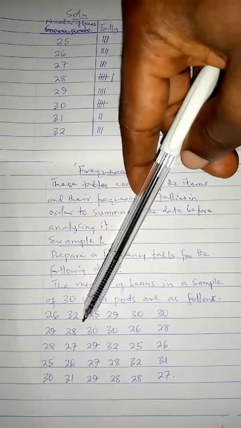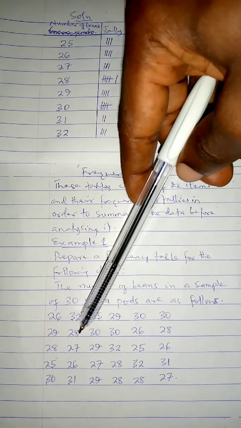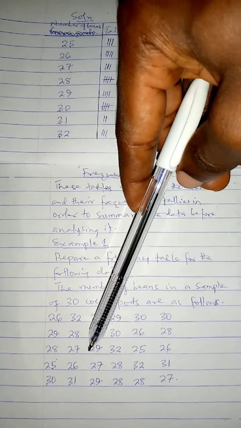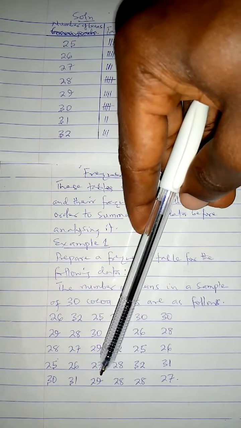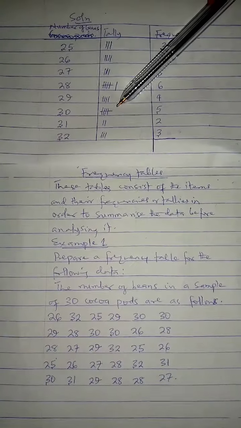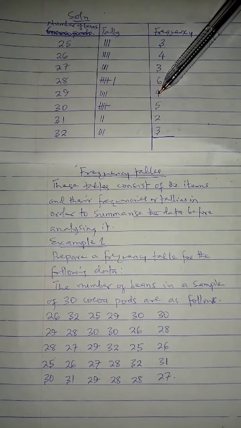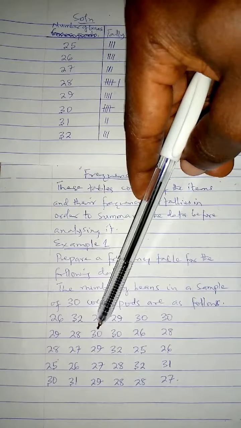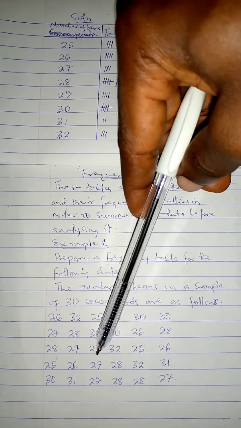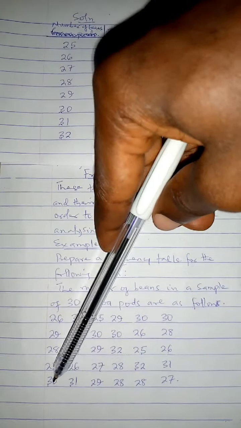For 29, I'm seeing 1, 2, 3, 4. That's why you have 4 here for 29. For 30, 1, 2, 3, 4, and 5.